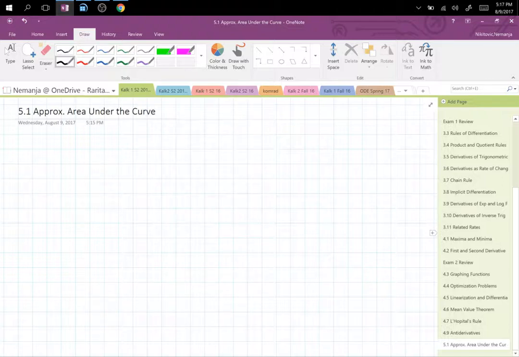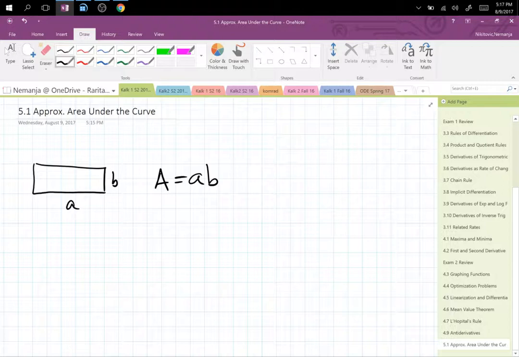What we are going to use is the formula for the area of a rectangle. Now, what's that one? Base times height. Good. So the area of a rectangle is base times height.